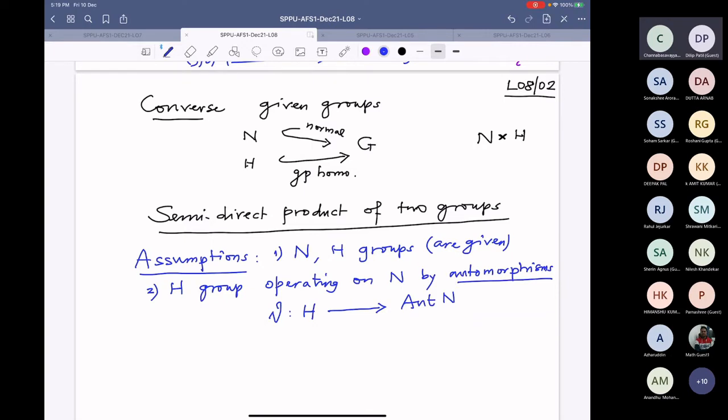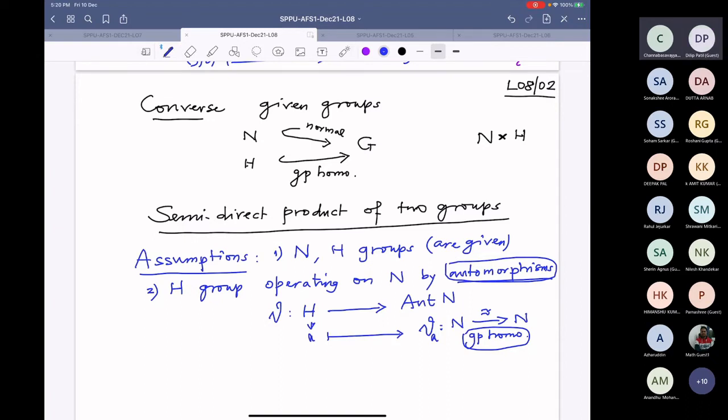That means for the elements of H, if A is an element, then you have this bijective map theta_A from N to N. This is not only bijective, but it is also a group homomorphism. This is extra. That is where we say it operates by group automorphisms.